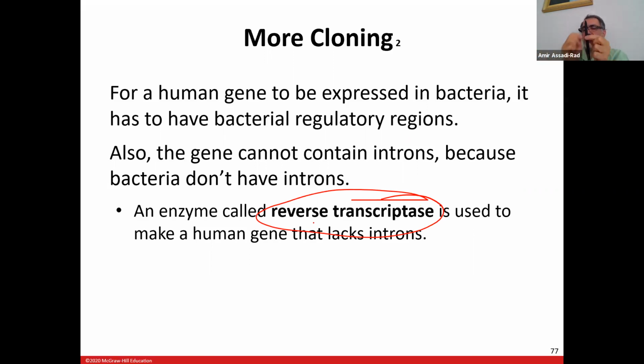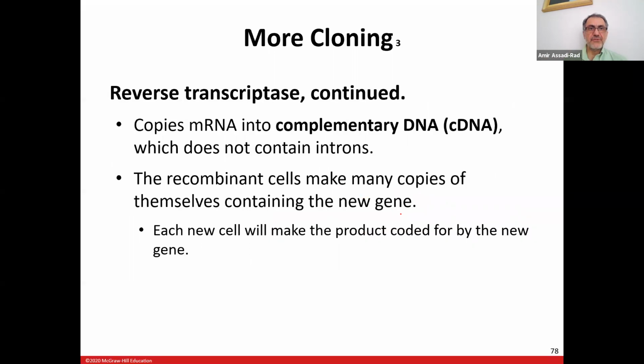Based on RNA, they can make DNA. It's the reverse of transcription, where the ending -ase at the end of the word means an enzyme. So anyhow, reverse transcriptase makes complementary copies of RNA into DNA.